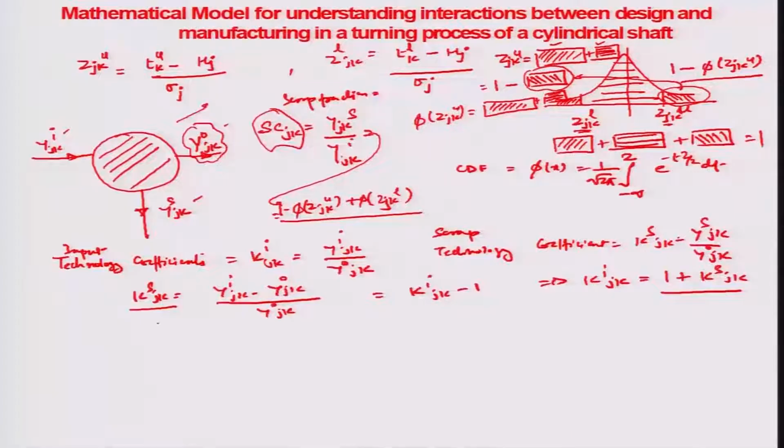Similarly, in the case of K s j k, if we wanted to evaluate this, it is, as you know, the map of y s j k with respect to the output. So, if I divide the numerator and denominator both by the input number of materials which go into the transformation process, I should be able to represent this in terms of the scrap fraction, which was calculated earlier from the normal distribution.